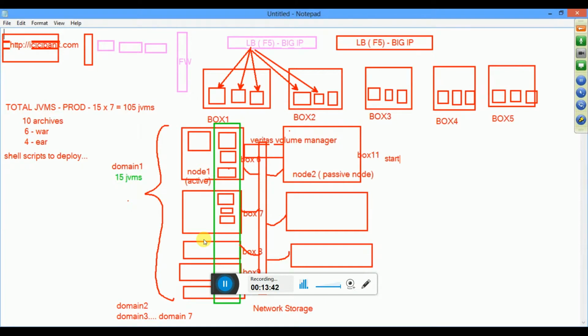If box 6 fails, what are the scripts you want us to execute on box 11? They're going to send you a mail.